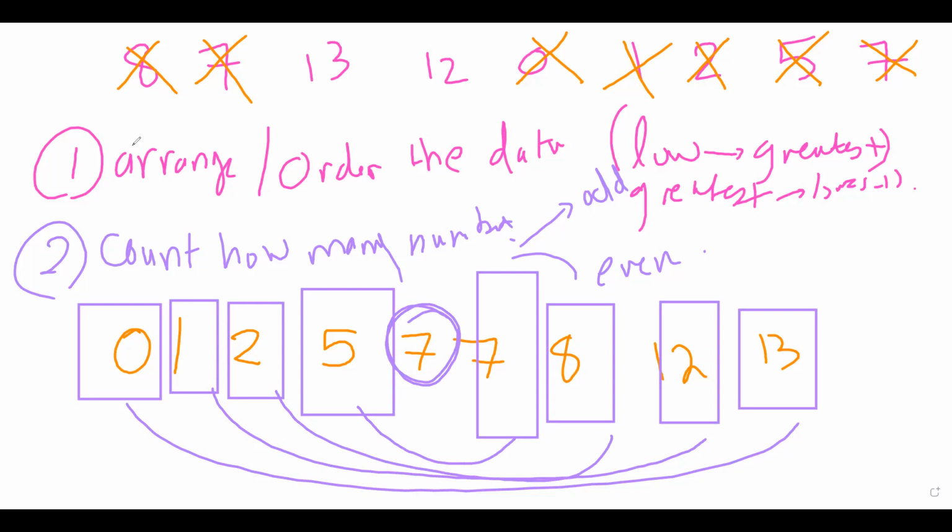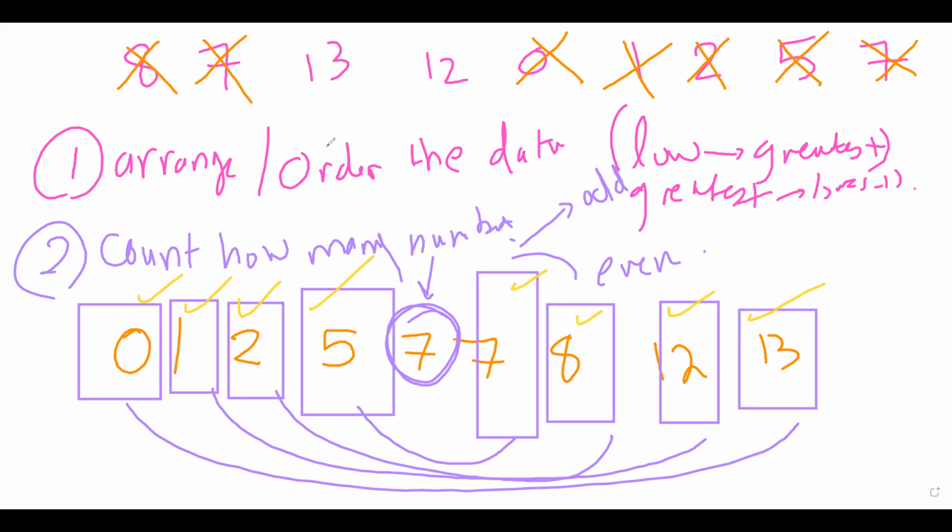Look at the numbers before number 7. How many numbers do we have? 4. And how many numbers after the median? 4.